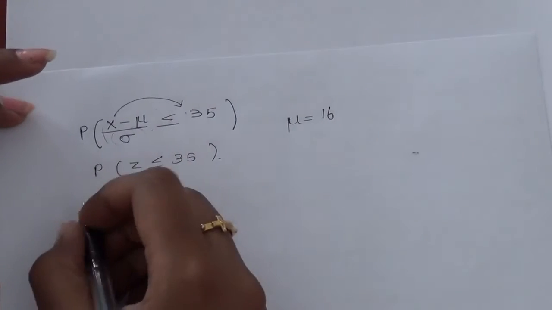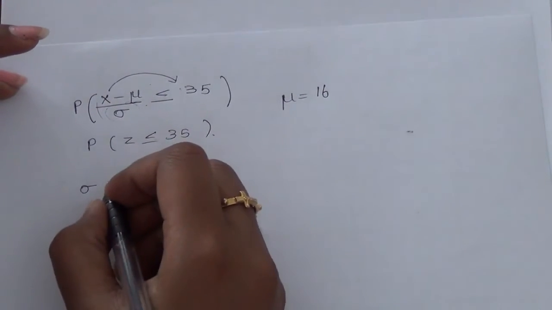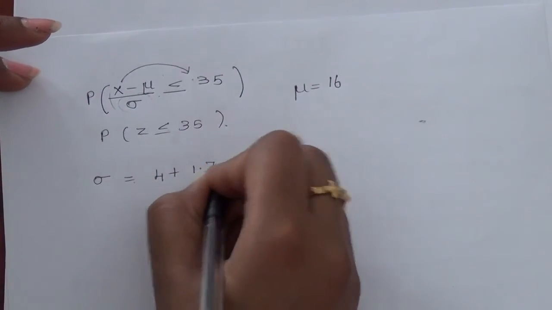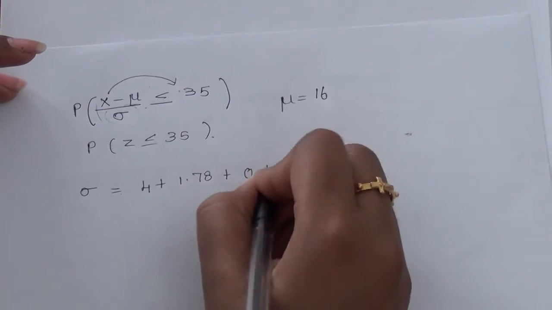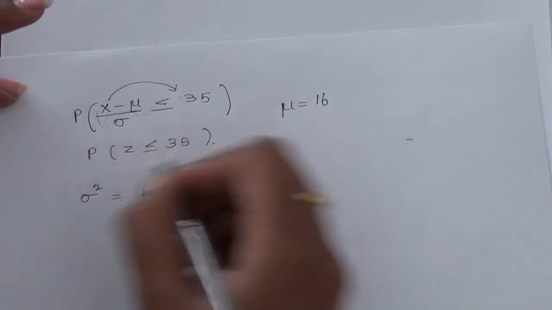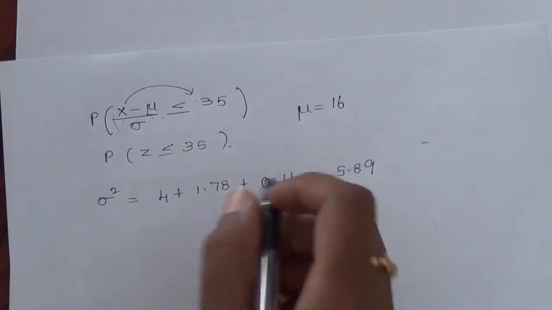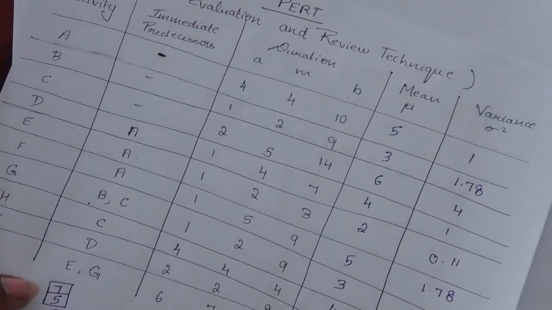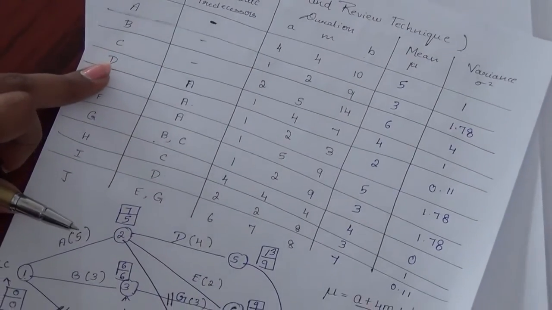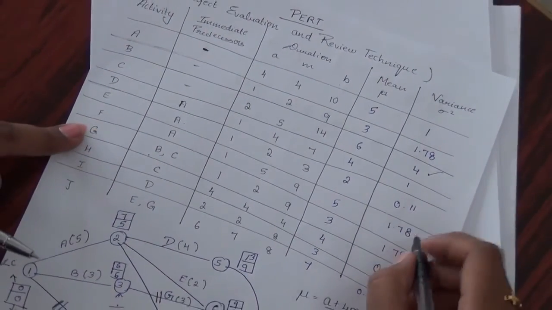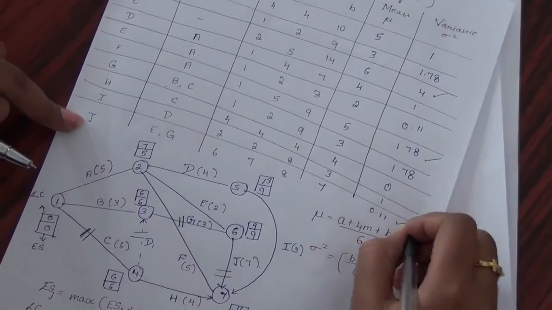Sigma square will be 4 plus 1.78 plus 0.11. This will be nothing but 5.89. I got all these values from the critical path. Since my critical path is C, G and J, from C it is 4, from G it is 1.78 and from J it is 0.11.